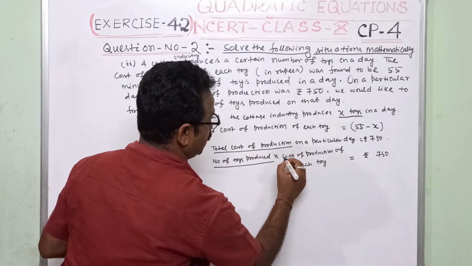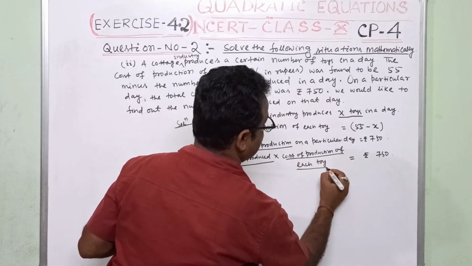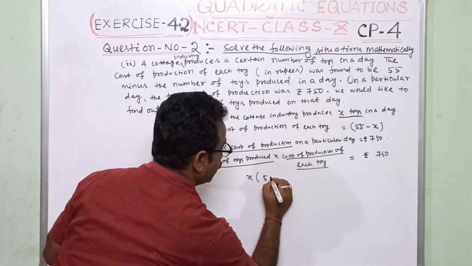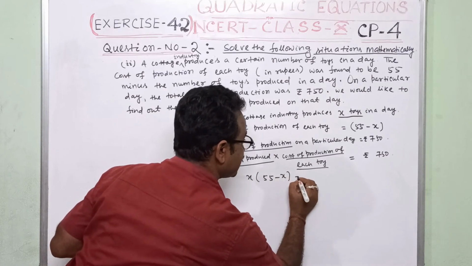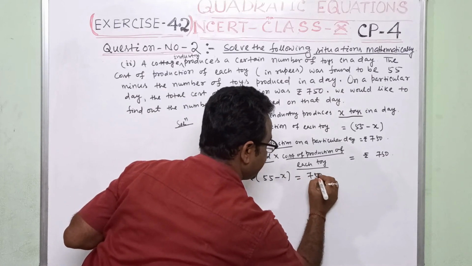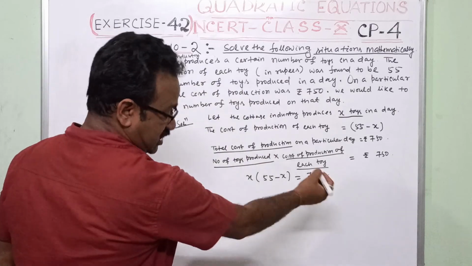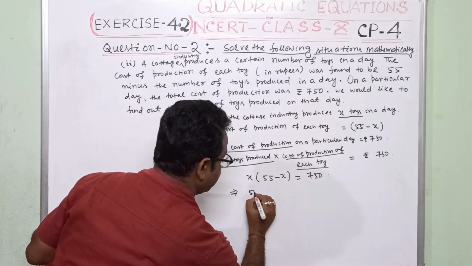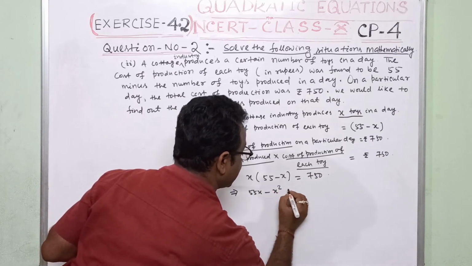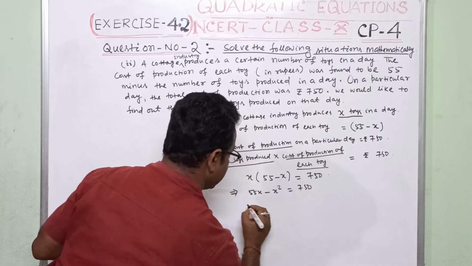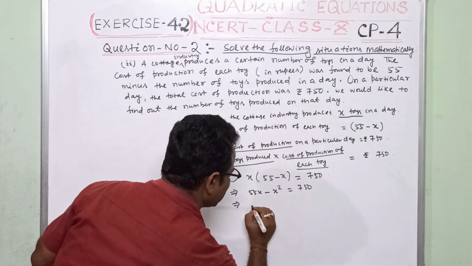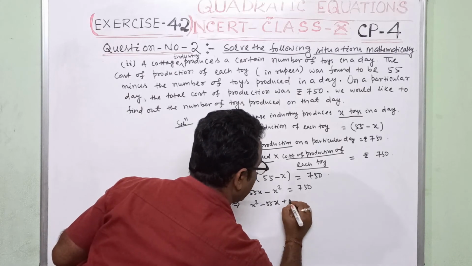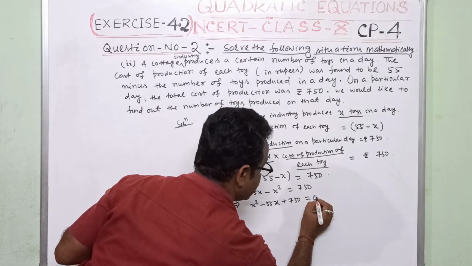So X into 55 minus X is equal to 750. Here I am omitting the rupee sign because I have to form the equation. That implies 55x minus x square is equal to 750. That implies x square minus 55x plus 750 is equal to 0.